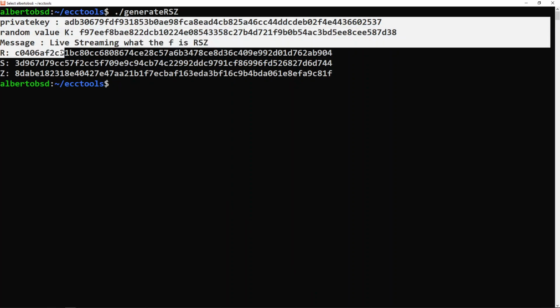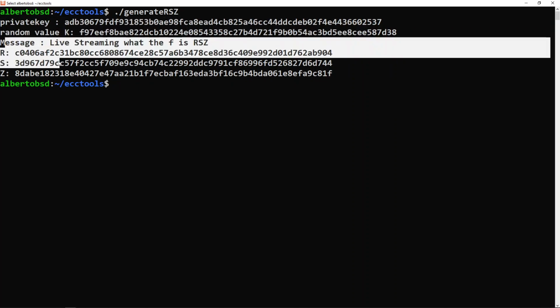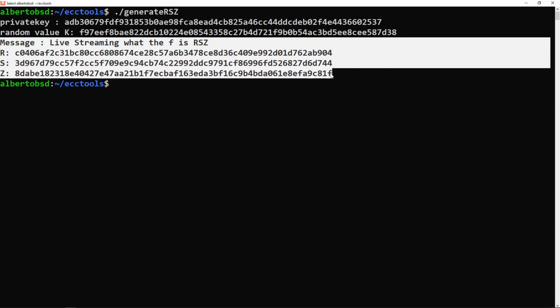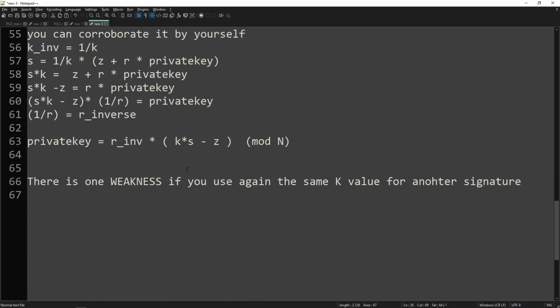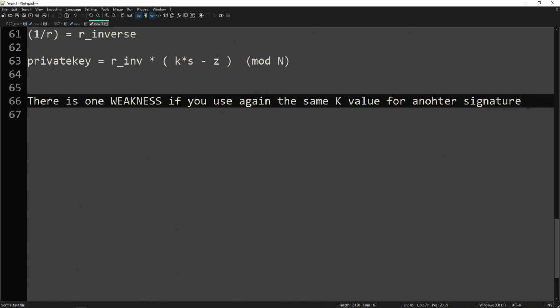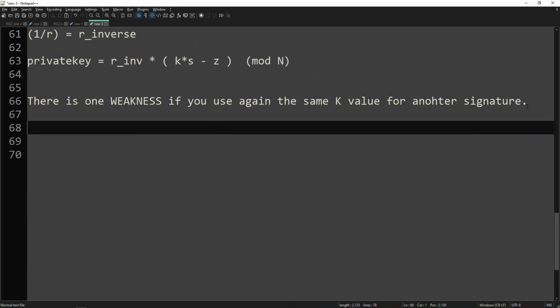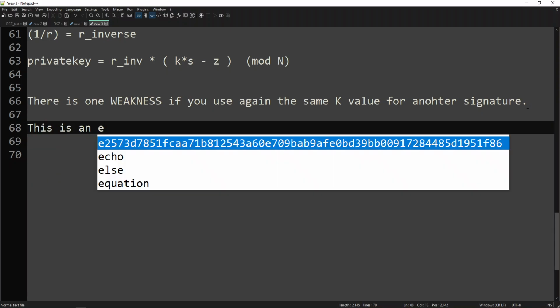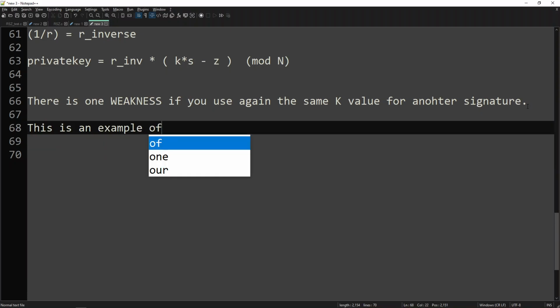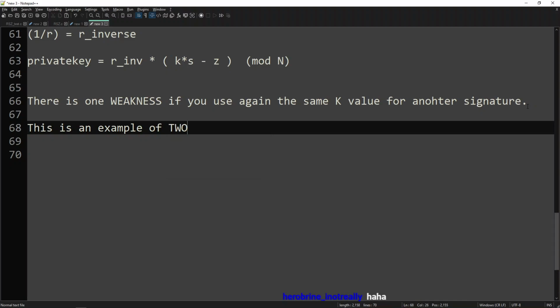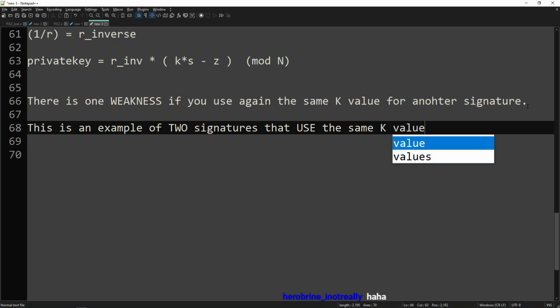Okay, let's copy these values. So we have, this is an example of two signatures that use the same k value.